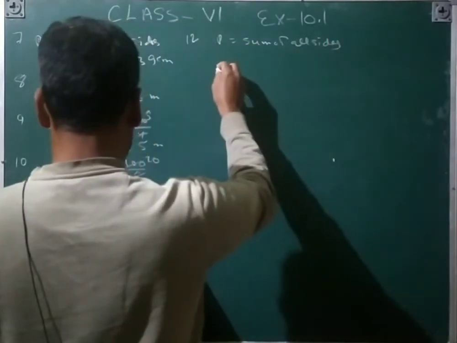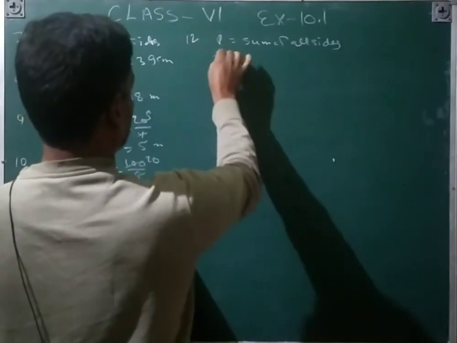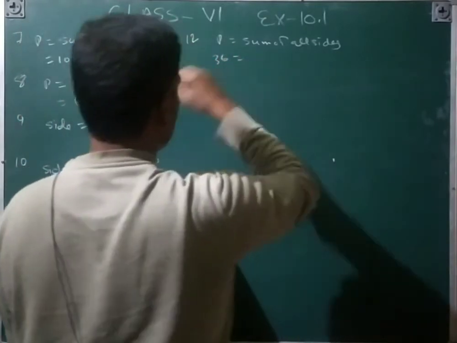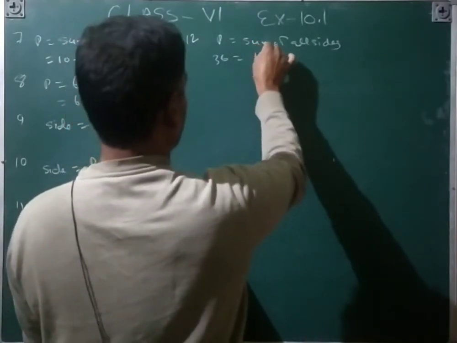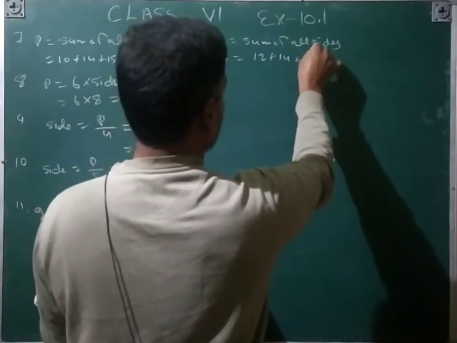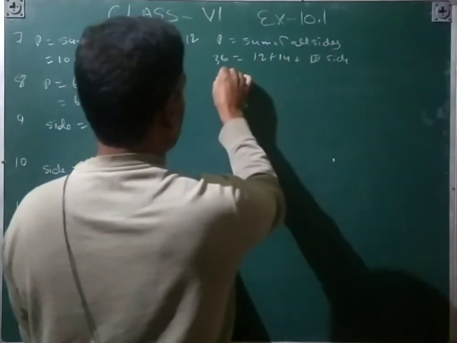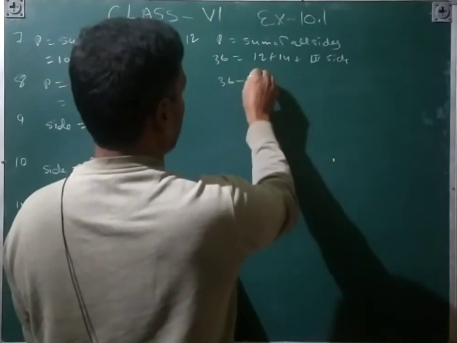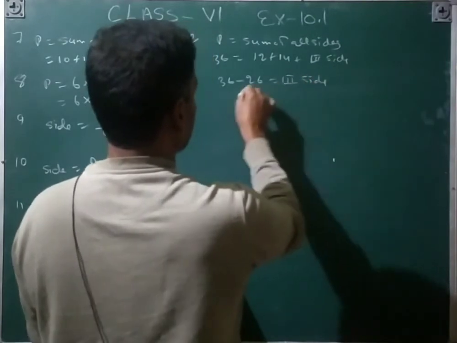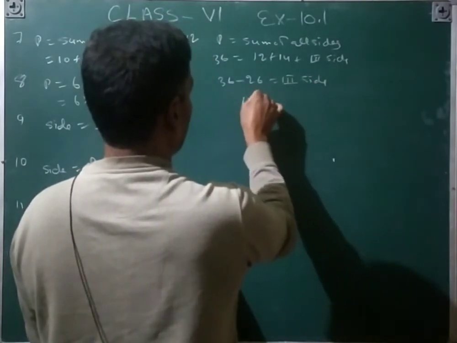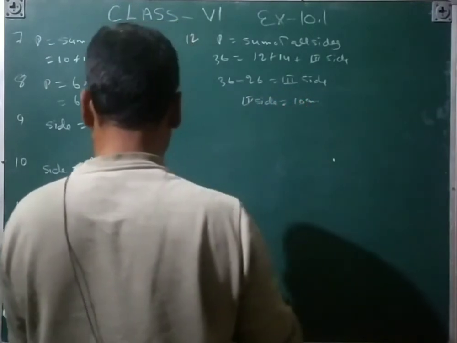The perimeter is given as 36. So 36 is equal to 12 plus 14 plus third side. So 36 minus 26 is equal to the third side. That will be 10. So the third side is equal to 10 centimeter.